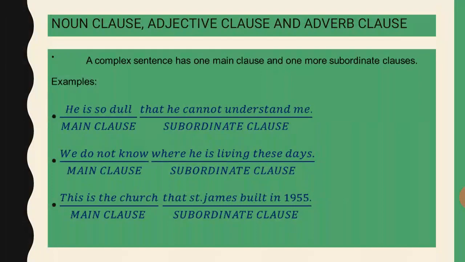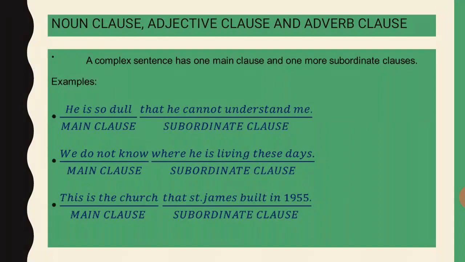This is the church that St. James built in 1955. Here too, the main clause and subordinate clause. I have classified and divided both clauses with underlines. It is given here, so you can see the differences. If there is a main clause, we have a complete meaning in that sentence, so then we can get the meaning of the sentence.